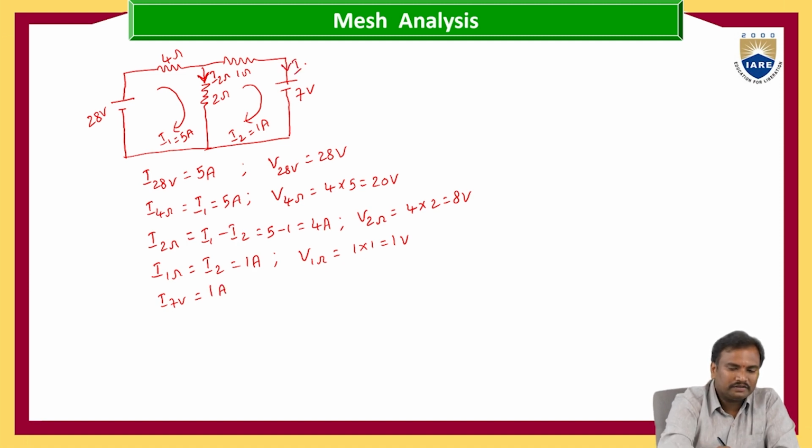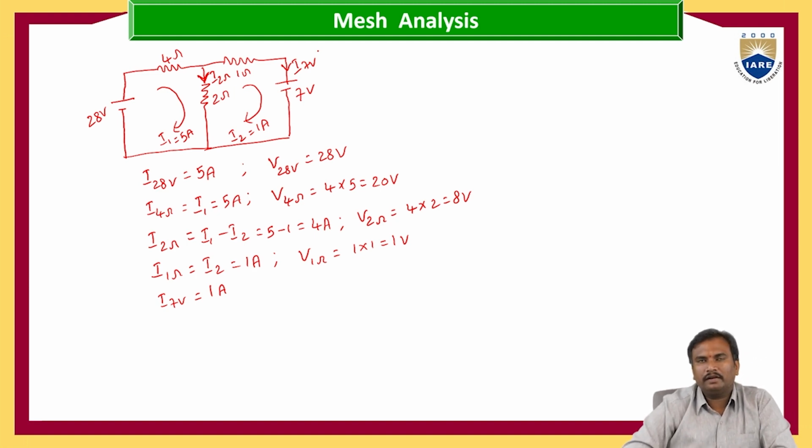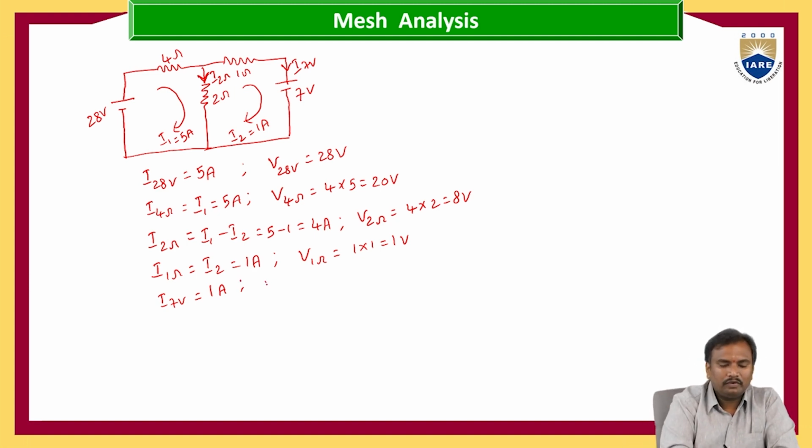Here also we have to mention the current flowing direction, and the voltage across 7 volts will be 7 volts.